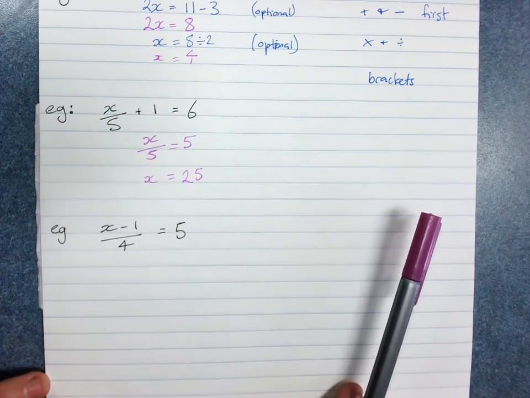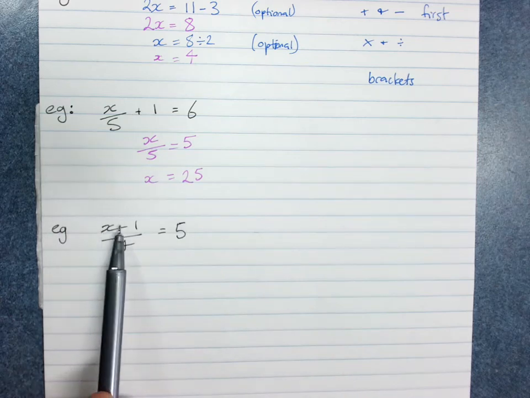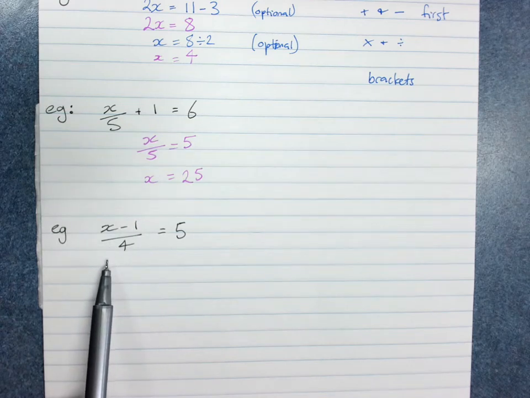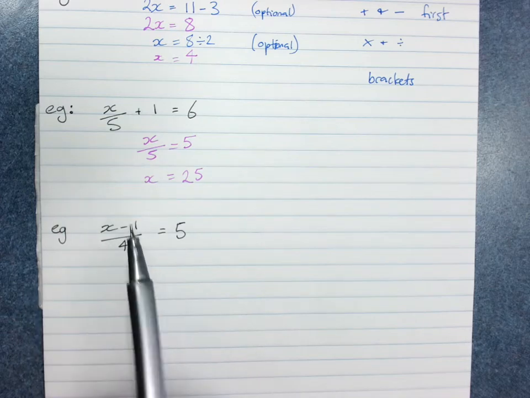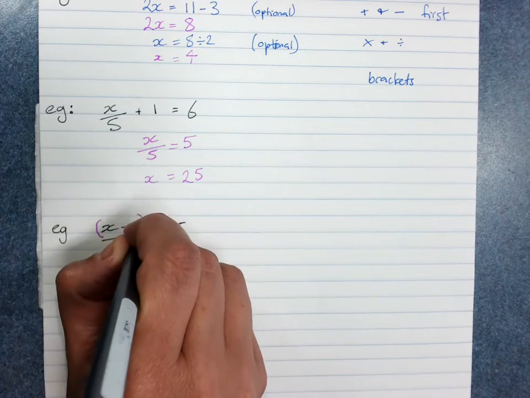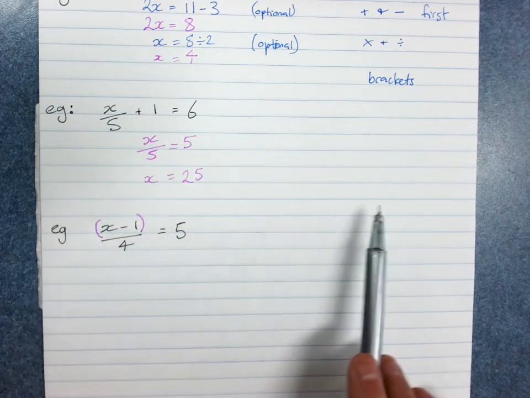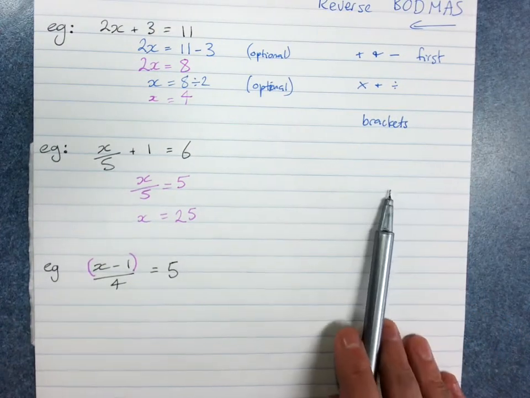Now I've put this one in because it's a bit tricky. Here I thought of a number, subtracted 1, and then I divided by 4. And you can tell that I did the division afterwards because it's in a fraction, and there's invisible brackets around any sum on top or bottom of a fraction. And in reverse BODMAS, we do brackets last.